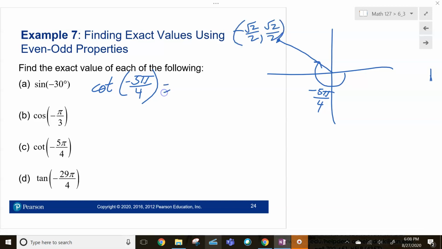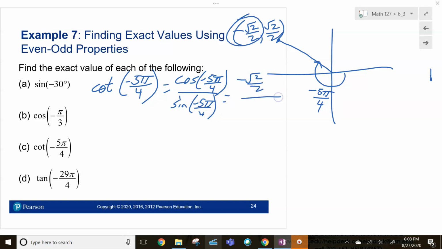You say the cotangent's the reciprocal of the tangent. Remember, tangent is sine over cosine. So cotangent is cosine over sine. So cosine there, negative root 2 over 2. Sine right there, root 2 over 2. Looks like we got negative 1.